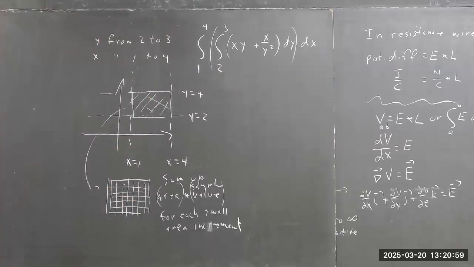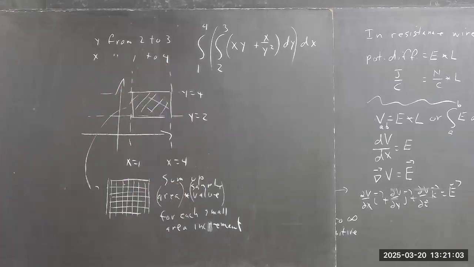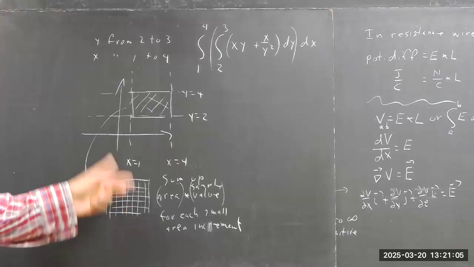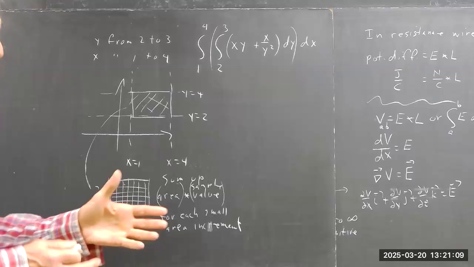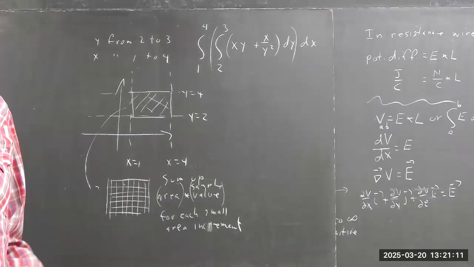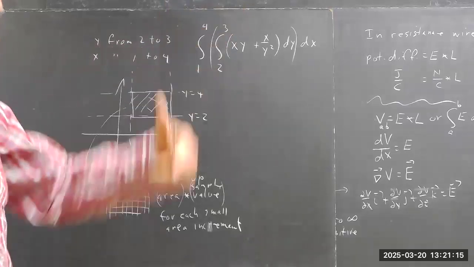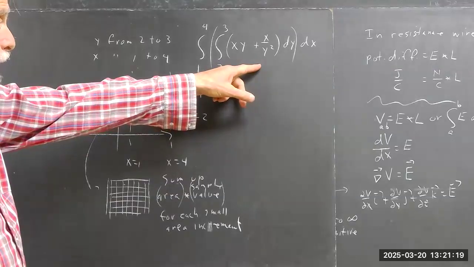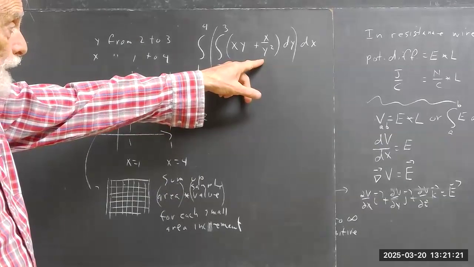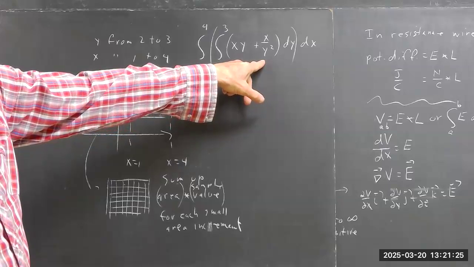Somebody else takes a different dartboard from a distance where they can't really pick their landing spot within each increment and bias the thing. They're going to get something a little different, but it's probably going to be pretty close, unless this function has some pretty wild values in it, and it won't. I have a y squared in the denominator, so I've got to be careful not to let y get too close to zero, because then things get wild, don't they?